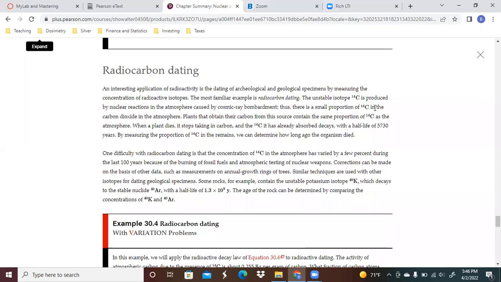Thus, there is a small portion of carbon-14 in the carbon dioxide in the atmosphere. Plants that obtain their carbon from this source also contain the same proportion of carbon-14 as the atmosphere. When the plant dies, it stops taking in carbon, and the carbon-14 already absorbed starts to decay with a half-life of this number of years. By measuring the proportion of this in the remains, we can determine how long ago an organism died.